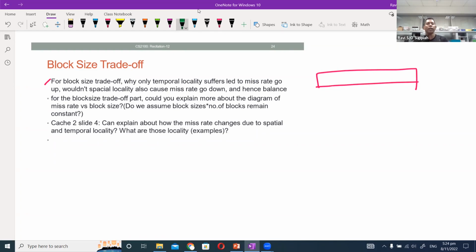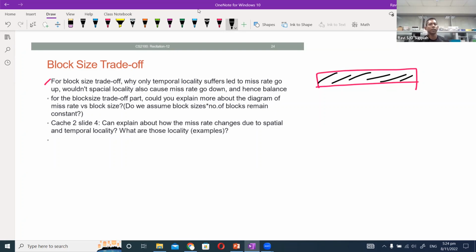But when there is a miss and I need to reload this block with new data, then I have more data to fetch and fill up the cache.